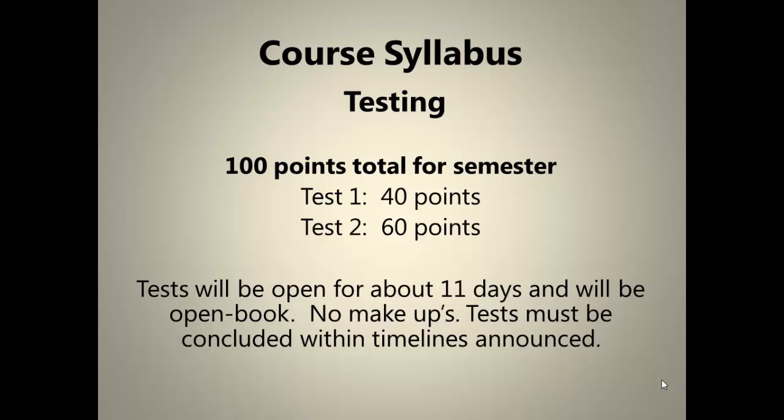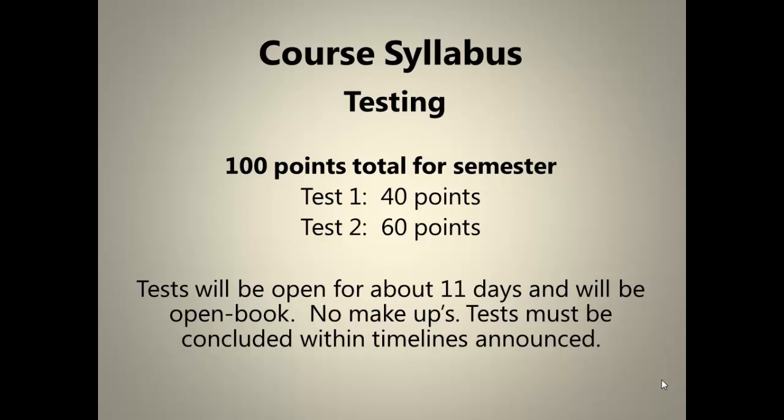So test one is somewhere around mid-semester, and if you look in the syllabus, it's indicated where it is. And test two will be late in the semester, and will cover the entire semester, but mostly the second half. Oh, the tests open and they close, and so after 11 days, the tests close.